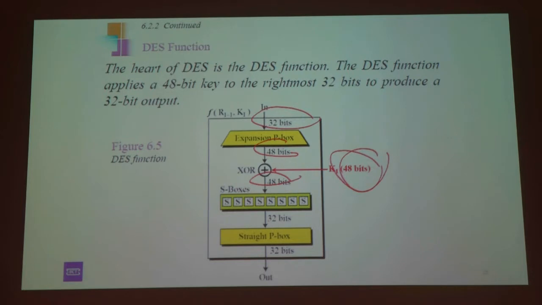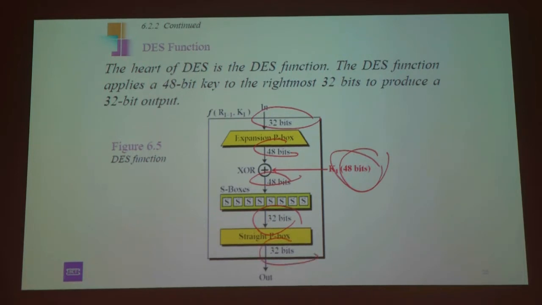Each S box has 6 inputs and how many outputs? 4. I'm sorry, 4. 4 times 8 is 32. So I started from 32 bits, and so far I'm at 32. Then there is a straight P box that gives me 32.